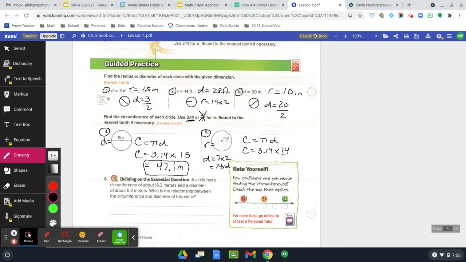All right, so once again, we're going to use the rounded version, the shortened version of pi. So 3.14 times 14. Now here, you're going to see an answer of 43.96 that comes out on your calculator. Now, if you round to the nearest tenth, like it's asking you to, that means you're looking in the hundredths. You're looking at that 6, and that 6 is going to tell you what to do to that 9 so that you round it correctly.